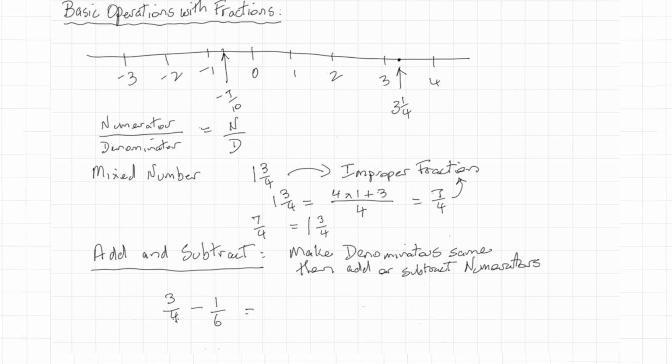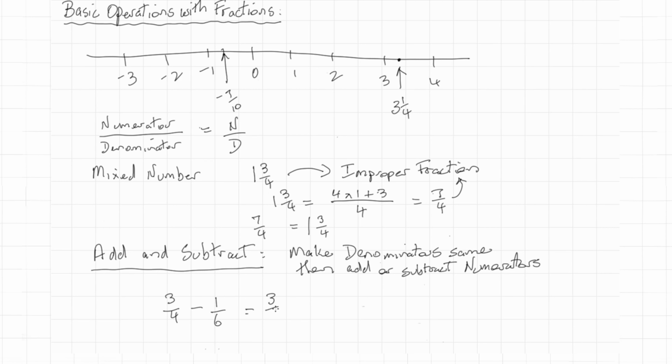So 4 won't go into 6, so we won't make them both sixths. If we just look at the larger denominator, and it's a 6, and we just start going up in multiples of 6. So 4 won't go into 6, so if we multiply 6 by 2, we get 12. Will 4 go into 12? Yes, it will. So we'll make them both twelfths.